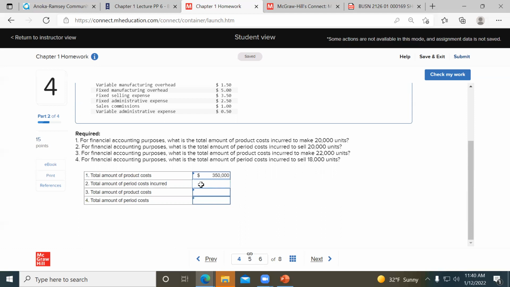And the total amount of period cost incurred, 150,000. And 150 would be the result of variable selling and admin times 20,000 units, $1.50 times 20,000, and then your average fixed selling and administrative of $6. So 150.